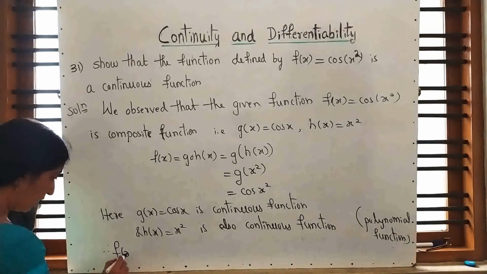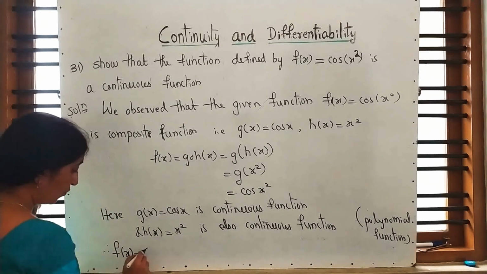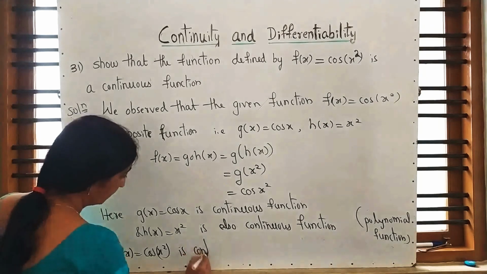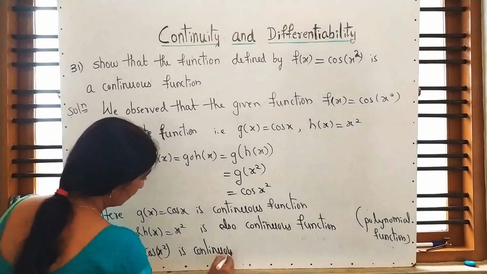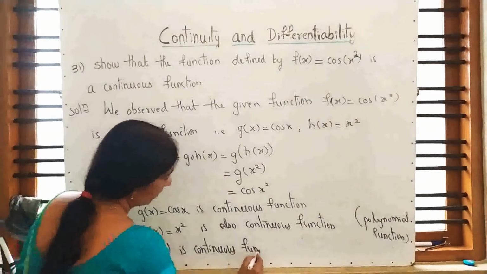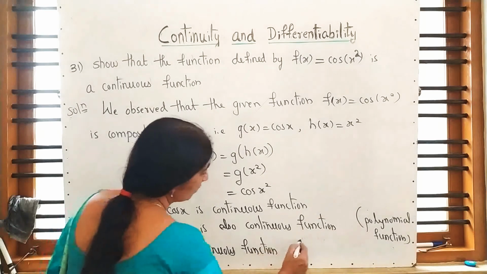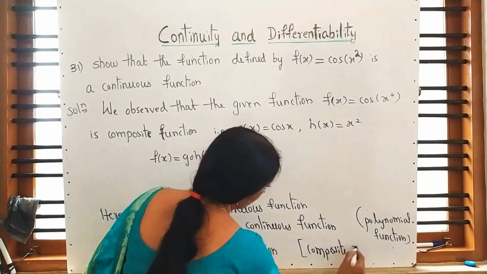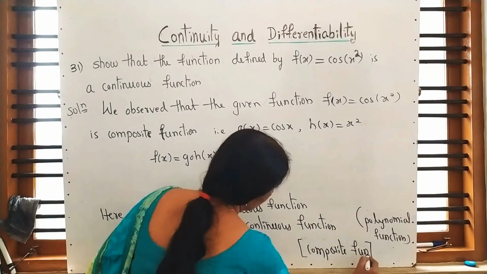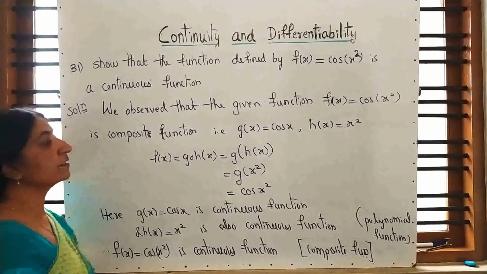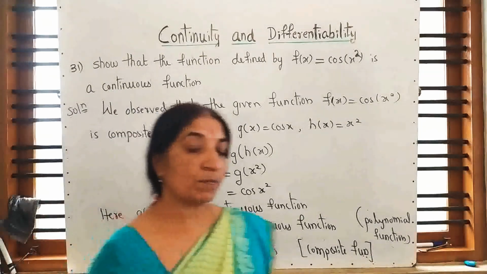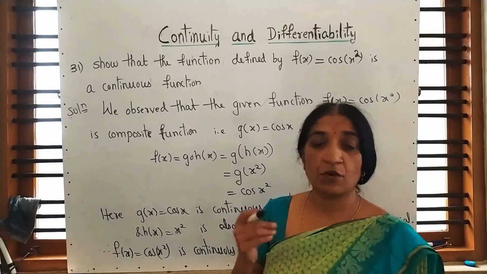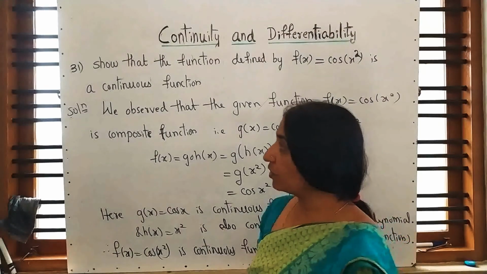Therefore, f of x is equal to cos x square is a continuous function. Why is it continuous? Because it is a composite function. Only thing is, if you are able to split the function and write it in the form of a composite function, then only you can write this.